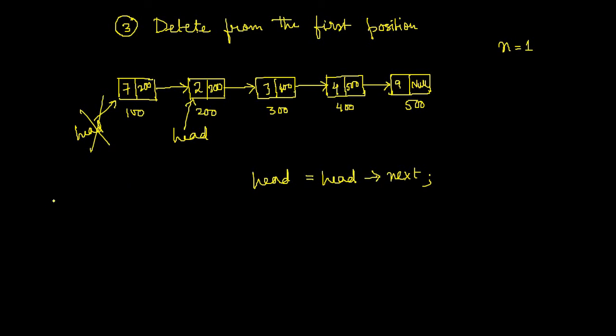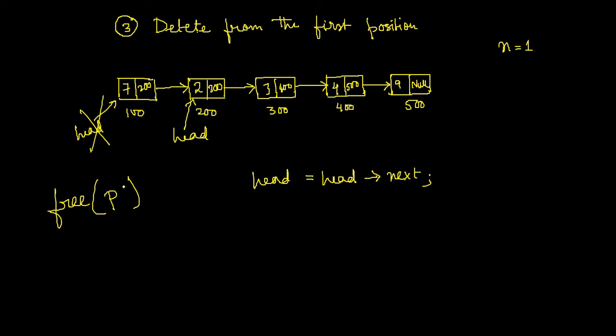There is a function I told you about, free. Free something you have to write. This free function is actually used to free a memory location that was created dynamically. So if you write free p, it means the memory location pointed to by pointer p will just be freed up.